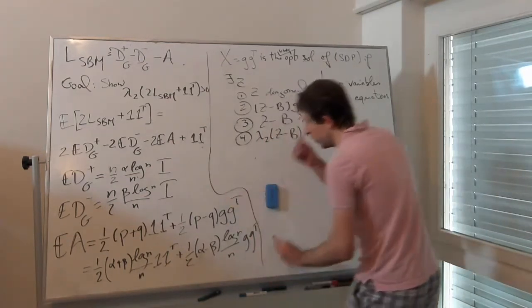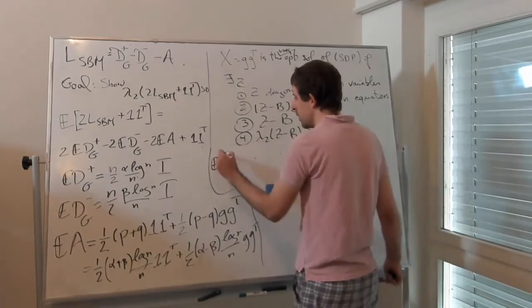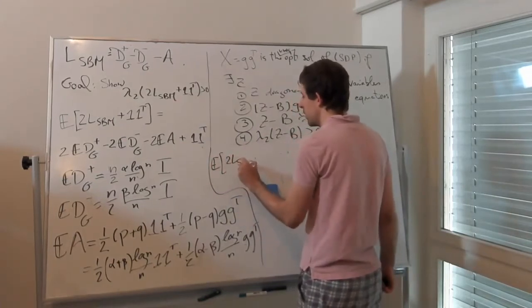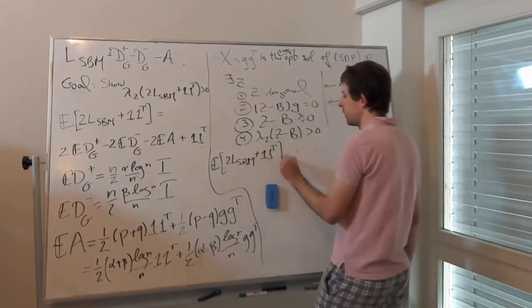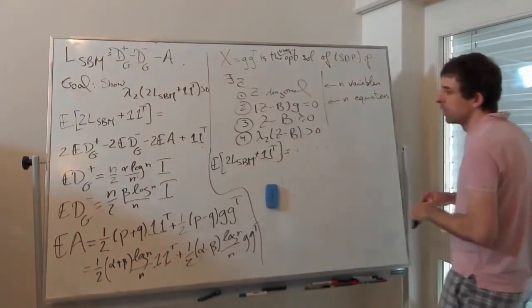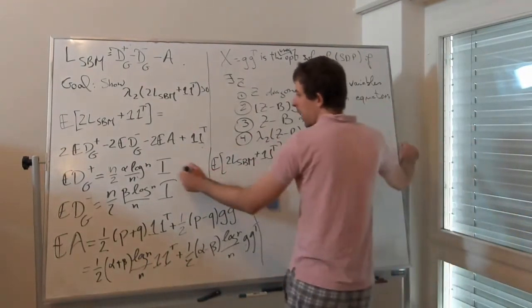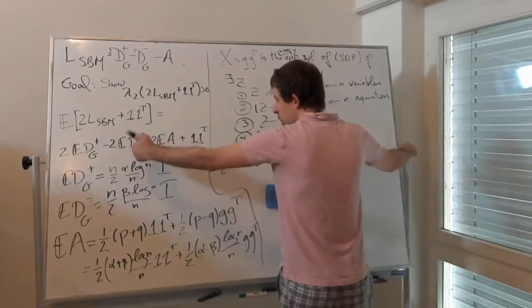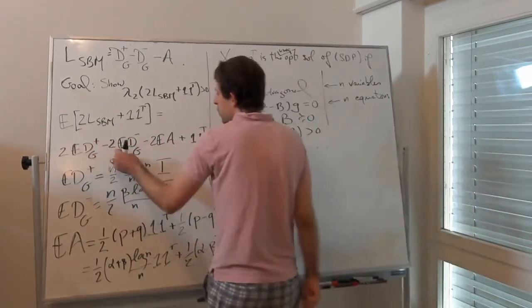Okay, so now what does this mean? This means that this expectation, now we just group all the terms together, is equal to what? We have a bunch of identities, right? We have, well, twice, so all these 2's go away because we're taking times 2.